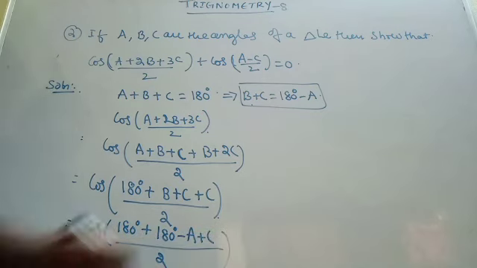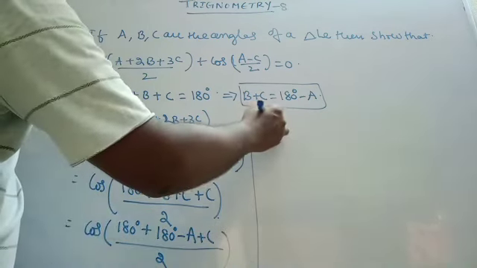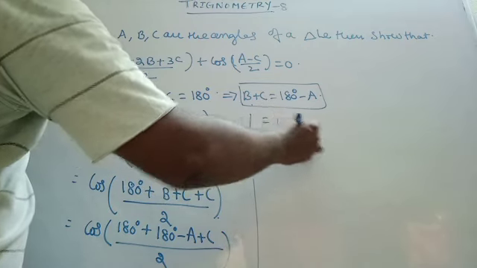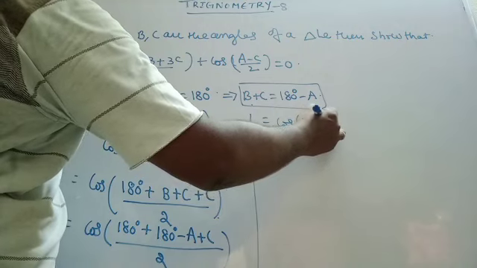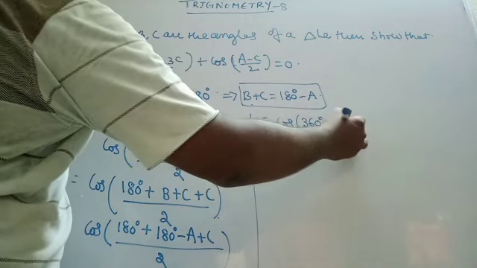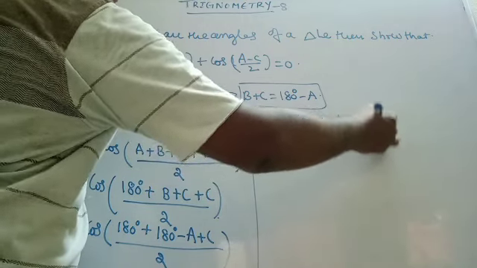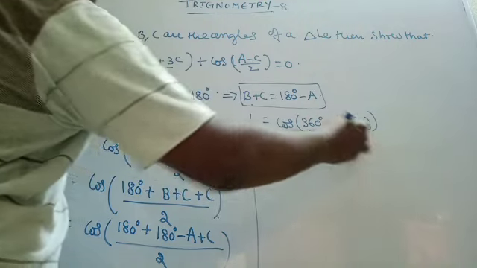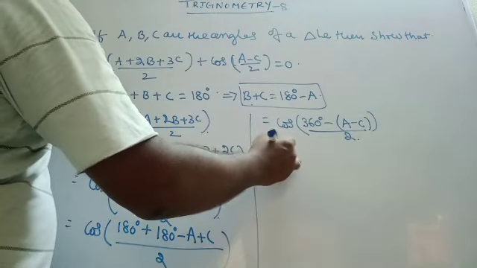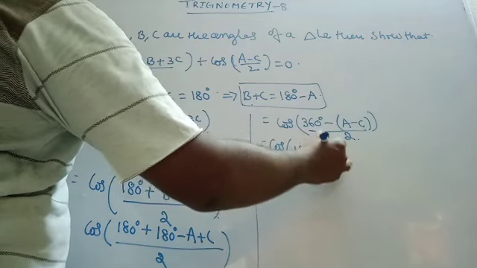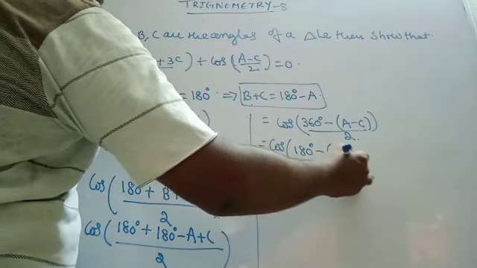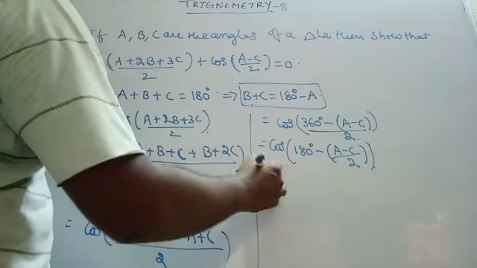Now you see, my dear students, this is equal to cos of 180 degrees plus 180 degrees, which is 360 degrees, minus, if you take common, you are going to get (A minus C) whole by 2, like this. This is nothing but cos of 360 by 2, which is 180 degrees, minus (A minus C) by 2, like this, right? Wonderful.